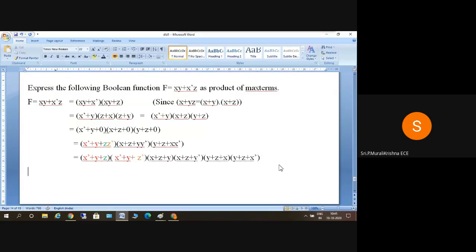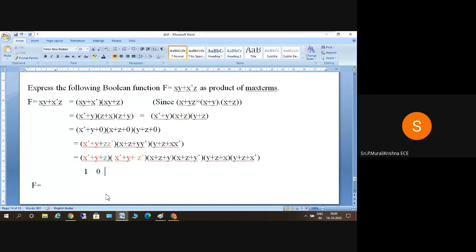So what are the max terms from this one? In case of max terms, the complement form is 1 and the normal form is 0. Okay, so here what we got: this is the complement form, so it is 1, and the normal form is 0.